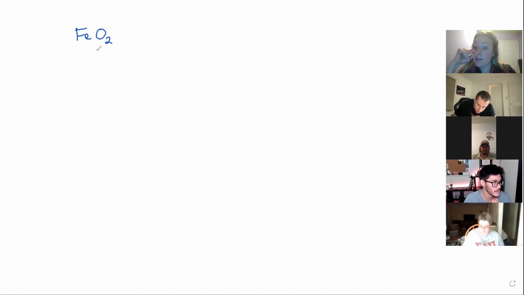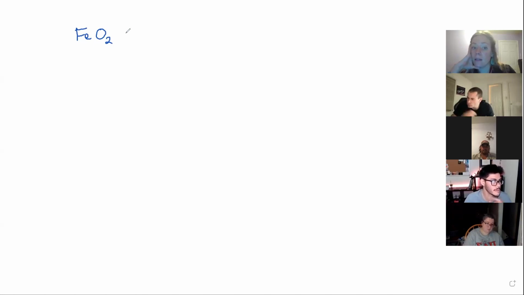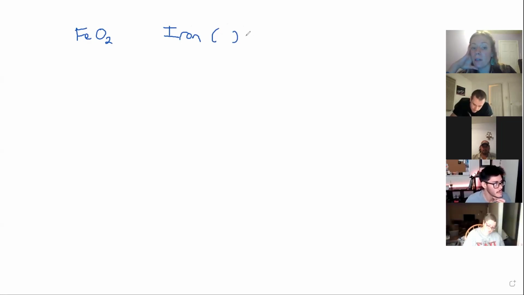This one is a little bit different, in that it's a metal and a non-metal, but the metal has an unpredictable charge. So instead of writing iron, I have to write iron and then put a set of parentheses and come back to that. I know I need to include a charge, and then I'm going to write oxide. So sort of like the skeletal formula or name.